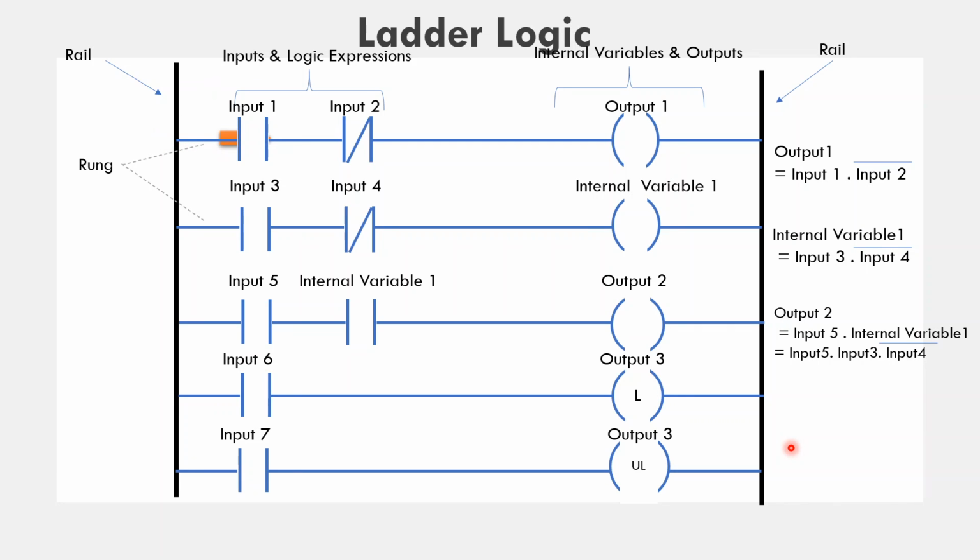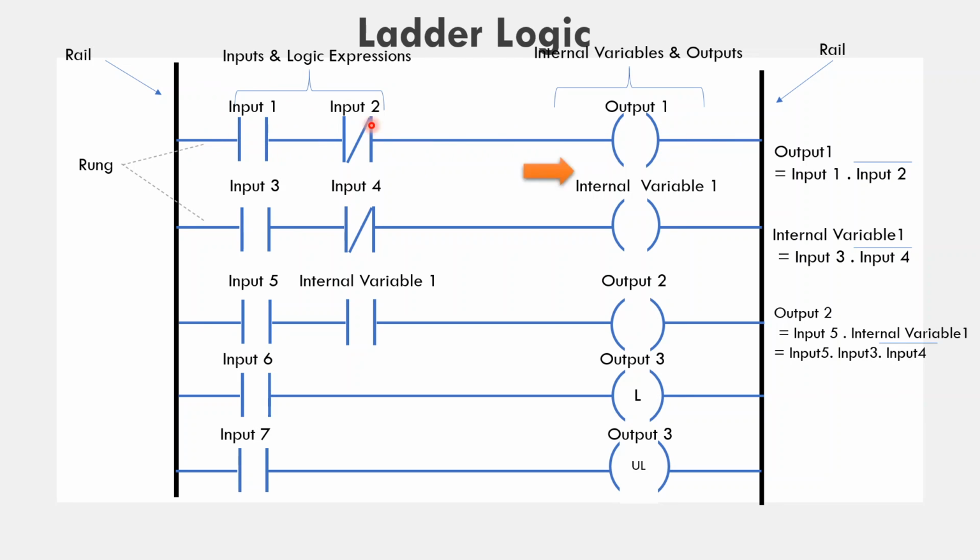Let us see the working of this ladder logic. In the PLC, always read the ladder logic from left to right and top to bottom. PLC will scan from rung number 1.